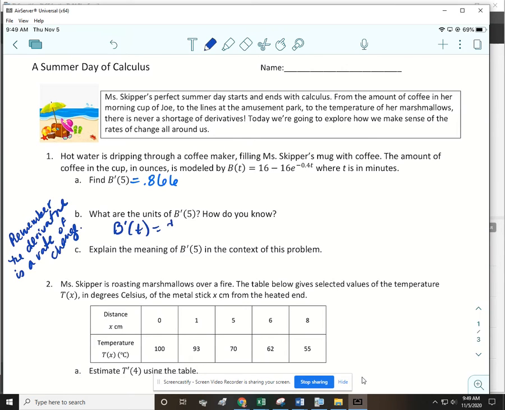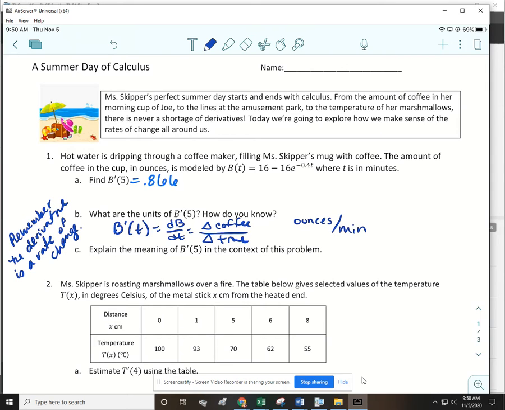So this is going to be dB over dt, which dB should represent the change in coffee, and dt the change in time. All right, and so in this case, coffee is measured in ounces, and time is measured in minutes. So this is going to be ounces per minute.